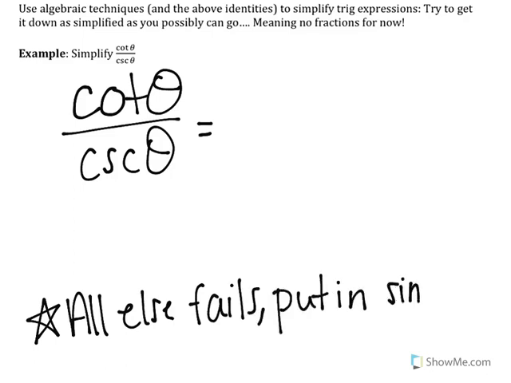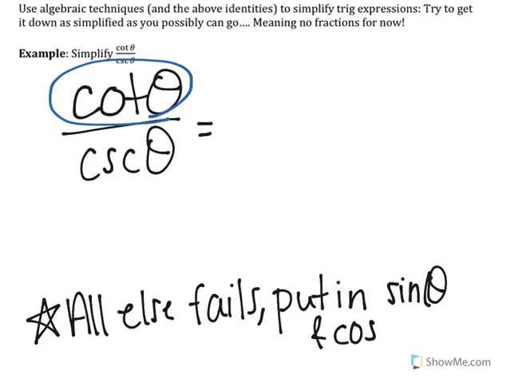Okay, all else fails, put in terms of sine and cosine. So what we are going to do is look at our identity sheet and say, how can we rewrite cotangent in terms of sine and cosine?